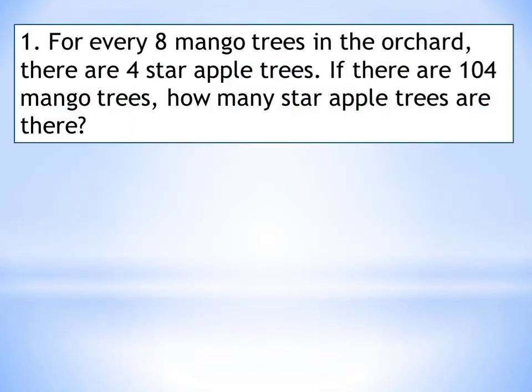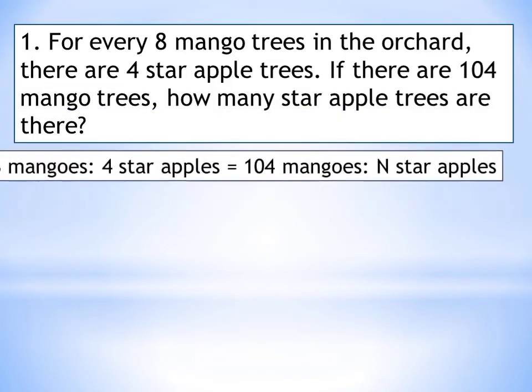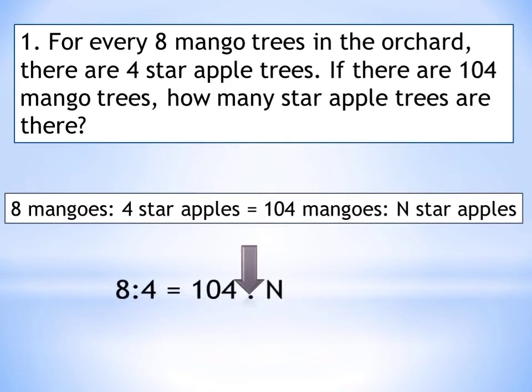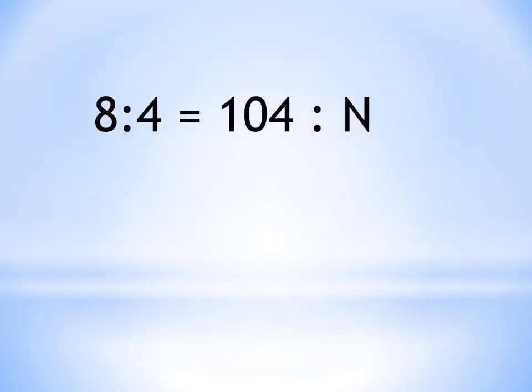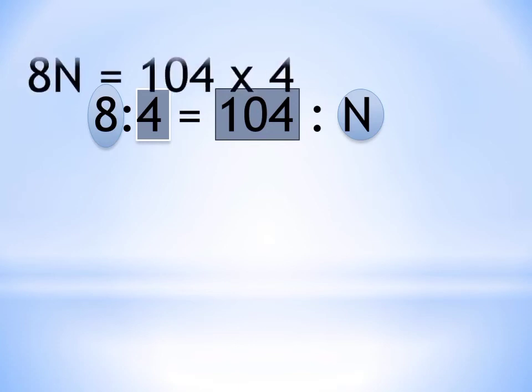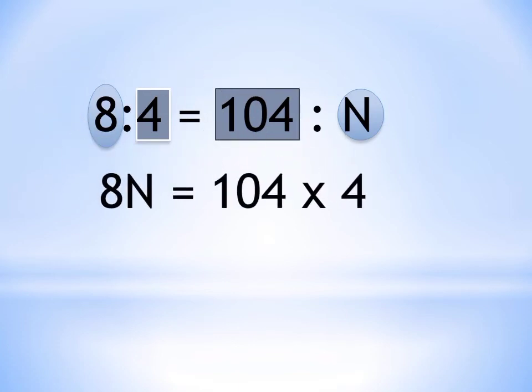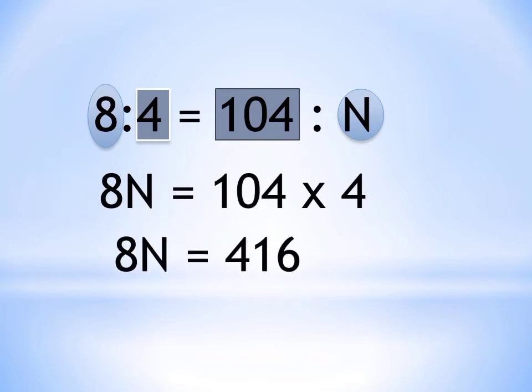Let us solve problem number 1. First step is to construct the number sentence. 8 is to 4 equals 104 is to n. Then get the product of the extremes, 8 times n, and the product of the means, 4 times 104. We have 8n equals 104 times 4. Then 8n equals 416.